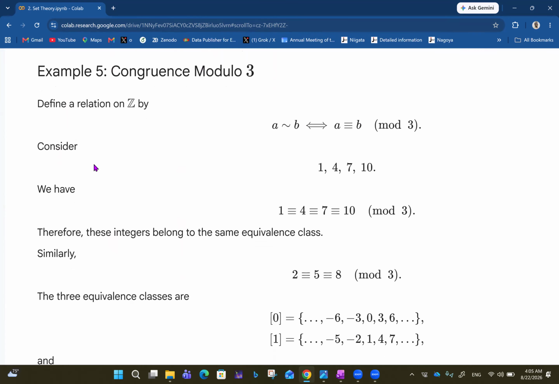That means if we consider 1, 4, 7, 10, then 1 divided by 3 is 0, remainder 1. 4 divided by 3 is 1, remainder 1. So the remainder is what we focus on. 7 divided by 3 is 2, remainder 1. 10 divided by 3 is 3, remainder 1. So 1 is equivalent to 4, and 4 is equivalent to 10. All of them are equivalent in modulo 3 because if you divide all of them by 3, the remainder is always 1. Therefore, these integers belong to the same equivalence class.